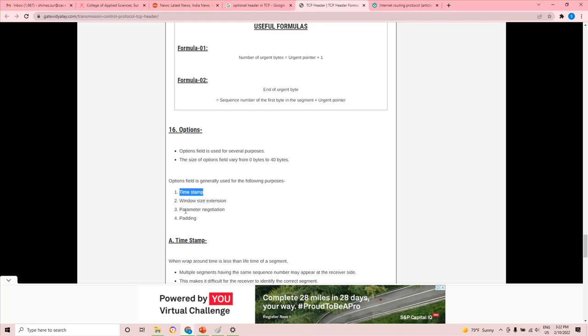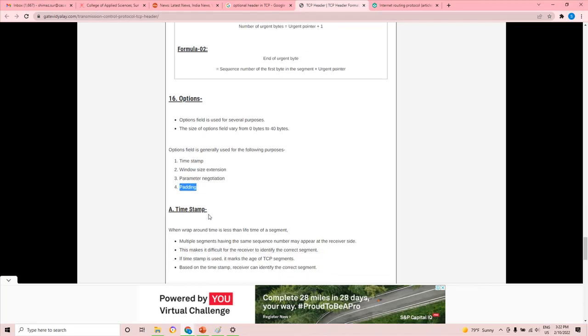Suppose you want to add some bits, zeros, to make it a specific size, just adding padding, then you can go for the option field, window size extension, etc. There are some more, but I don't want to take more time. Just try to understand timestamp and padding, that is easy to remember.